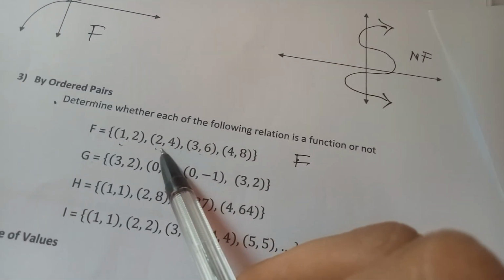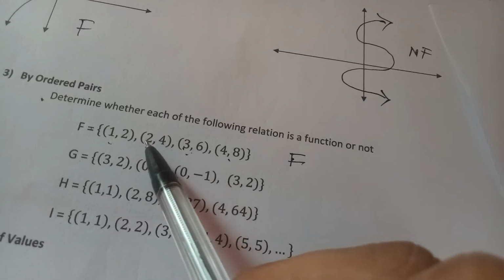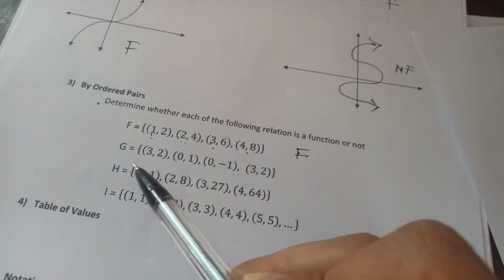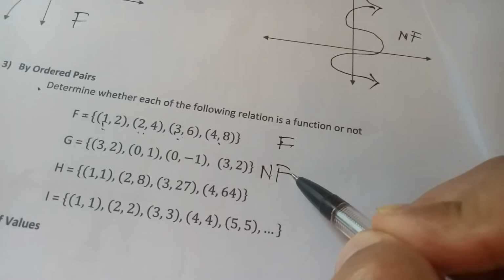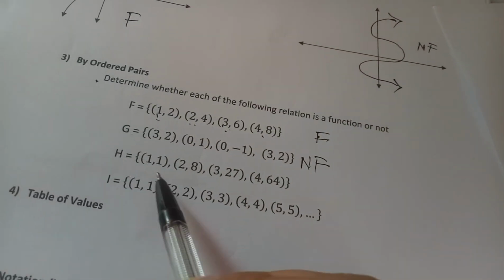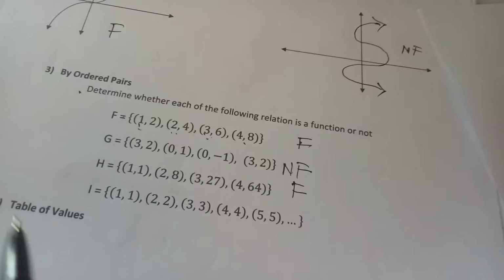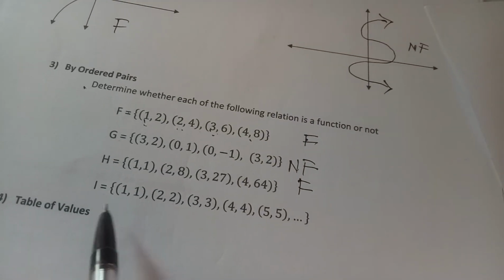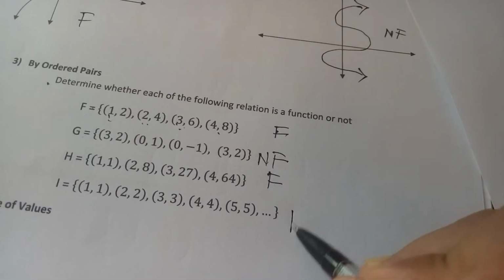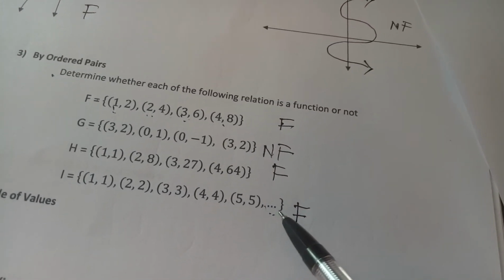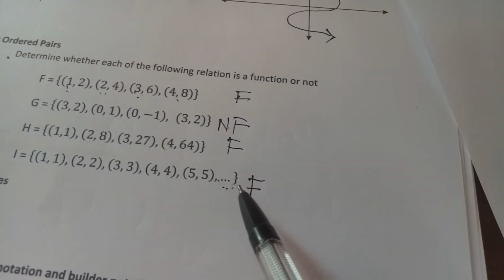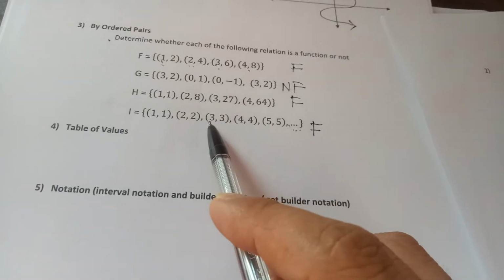Tama, walang naulit sa first element or walang naulit sa mga domain or sa mga abscissa. Set G. Yes, not function. I will not explain anymore. Letter H. Yes, function. Set I is also a function. What kind of set is this? Yes, infinite sets. Sa grade 7 topic yon, no?